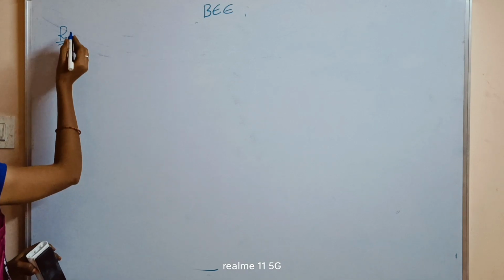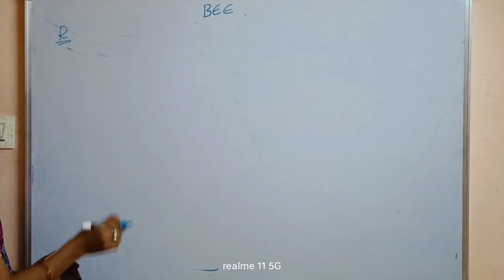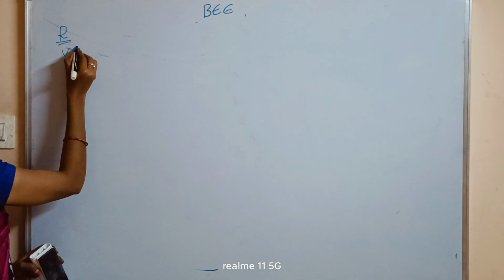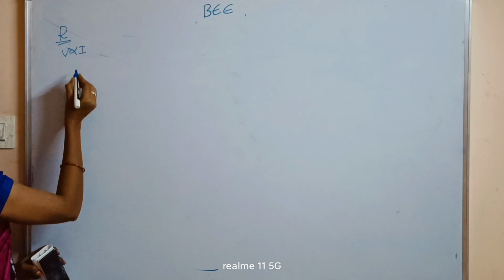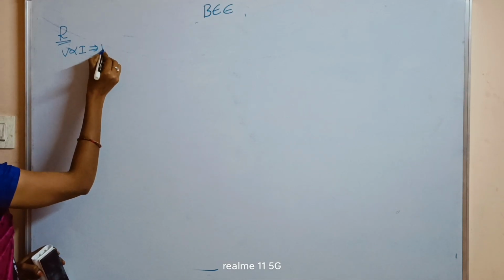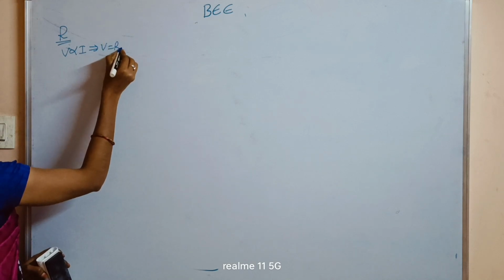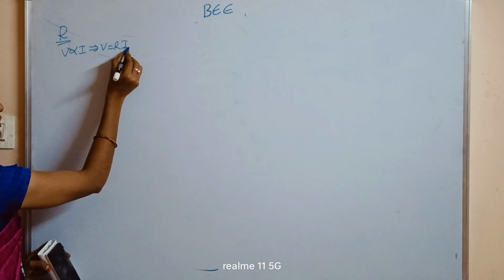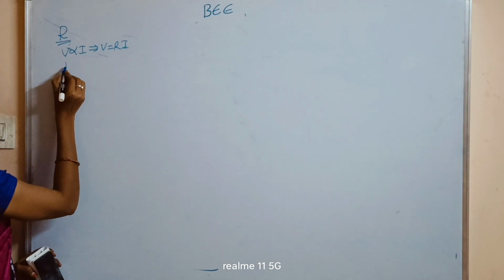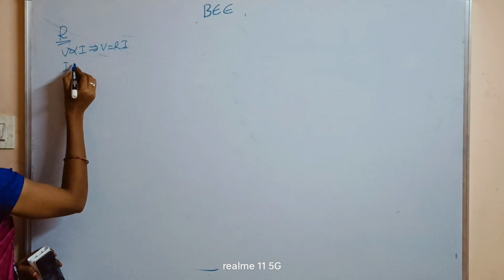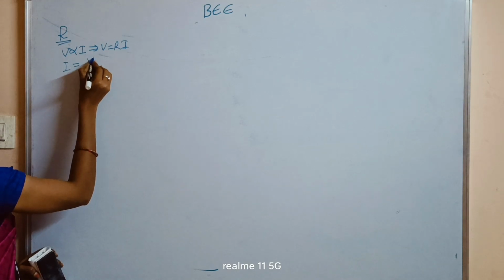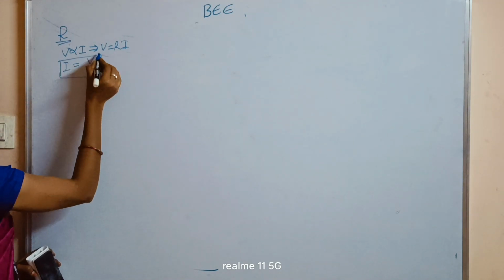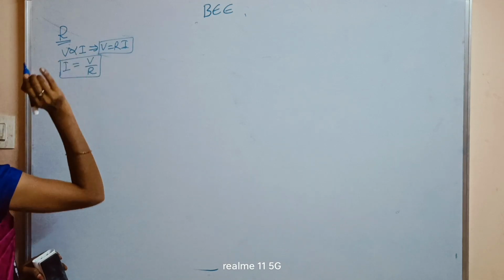According to Ohm's law, V is directly proportional to I. From that we can consider V equals R into I. Voltage expression completed. Now coming to current, from this equation I equals V by R. So current equation completed, voltage equation completed.